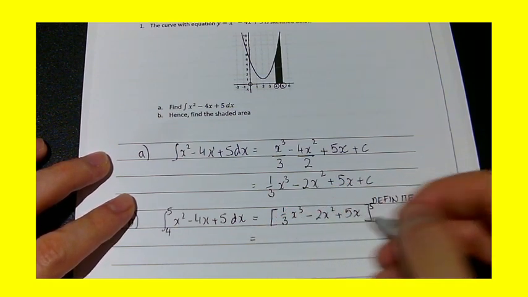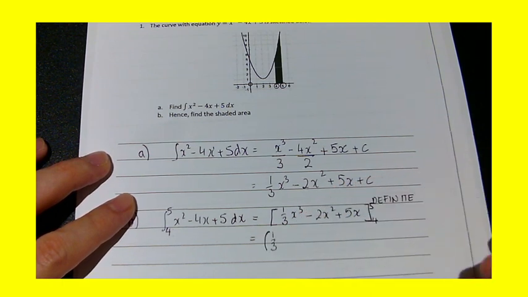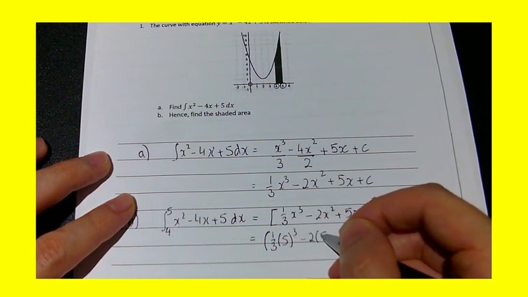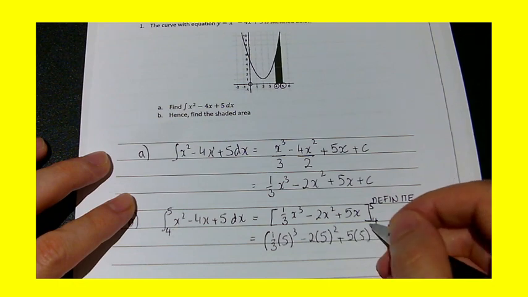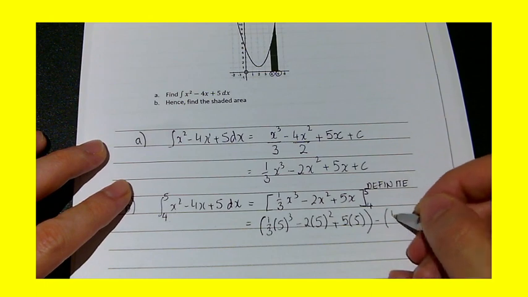Okay, so if I substitute in 5, now we're going to use round brackets for the substitution of these numbers.